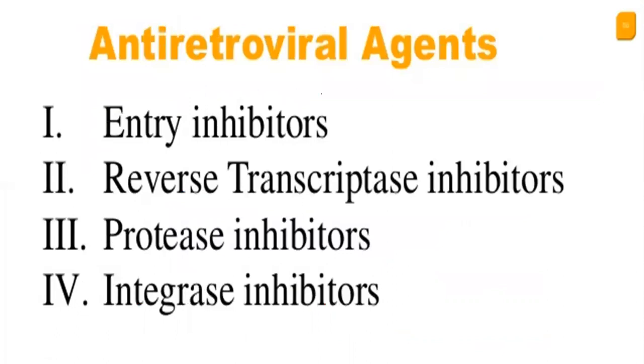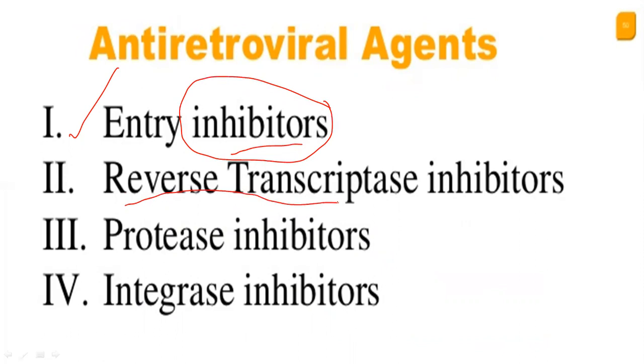In antiretroviral agents, there are entry inhibitors, the drugs which stop the viruses from entering into the cells. Number two, reverse transcriptase inhibitors. At the second stage of the virus, they inhibit the viruses from progressing, so reverse transcriptase cannot bind and cannot perform reverse transcription of RNA.